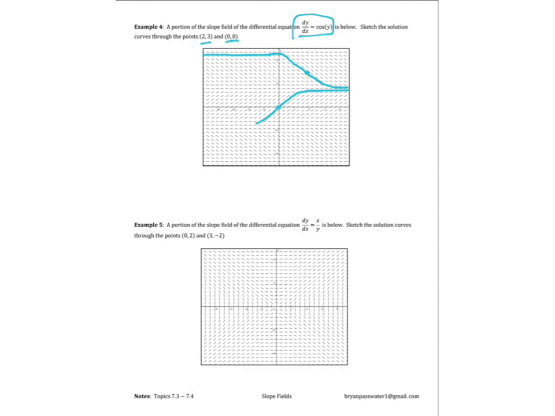You're not going to get any points deducted for that, but don't cross the asymptotes. Make sure that you're making your points bold. Okay. You ready for example 5?